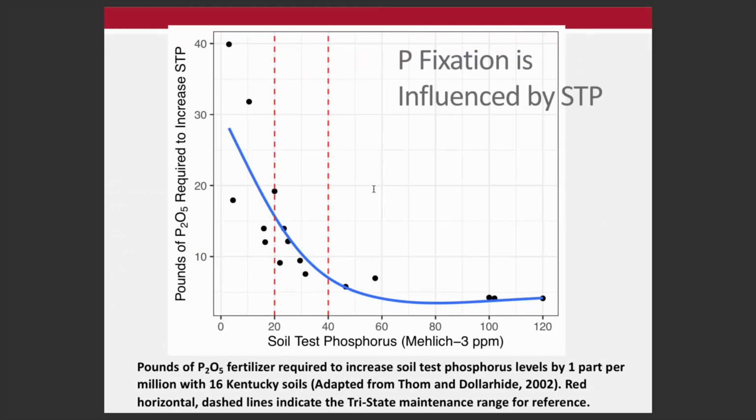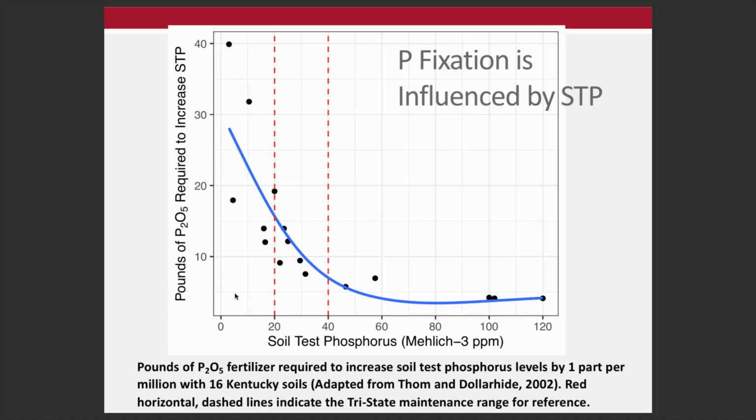Okay, to bring this a little bit closer to home and to think about this in terms of adsorption, there's a nice fact sheet from the University of Kentucky that I won't get into too much. This is soil test phosphorus, which is a measurement of plant availability of phosphorus, or how available soil phosphorus might be.